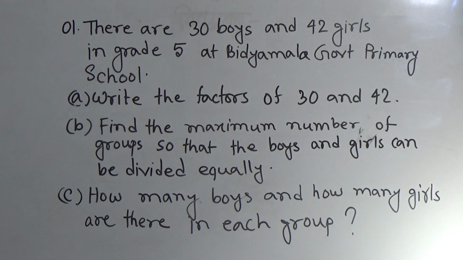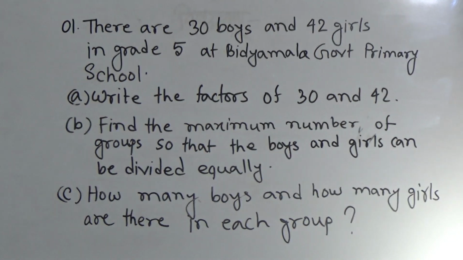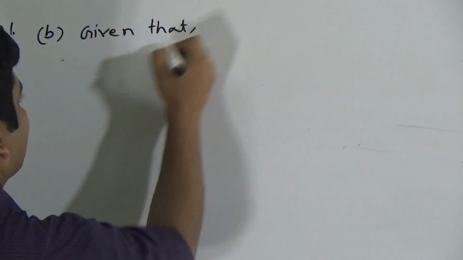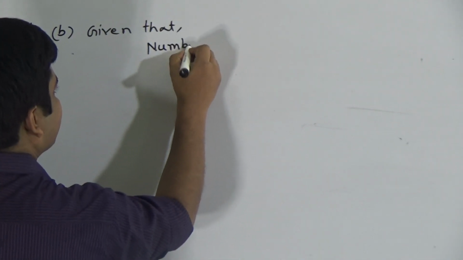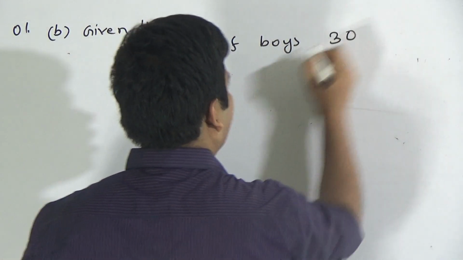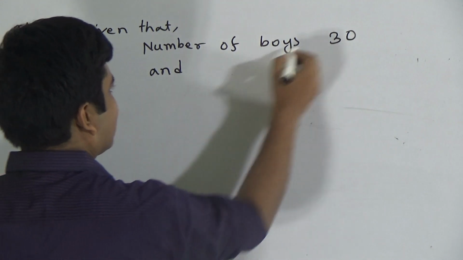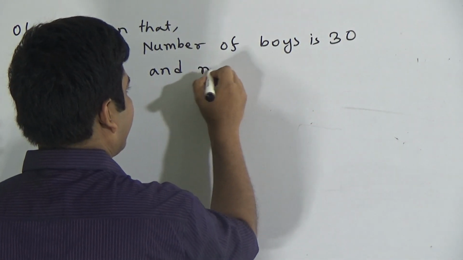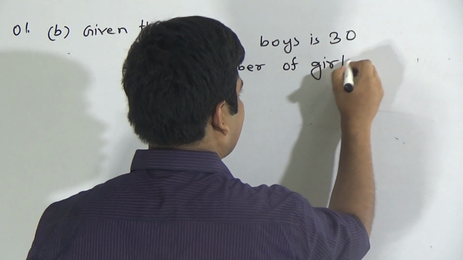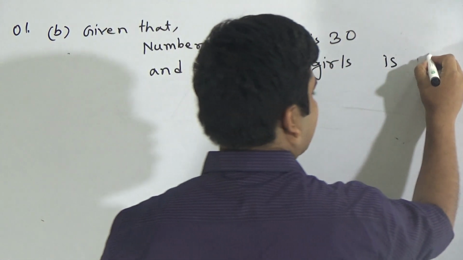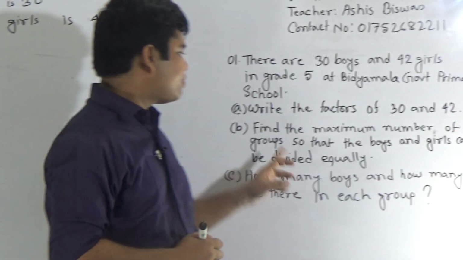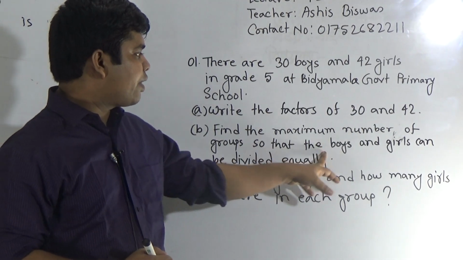So first of all, we write, given that, the number of boys is 30 and the number of girls is 42. We need to find the maximum number of groups so that the boys and girls can be divided equally.